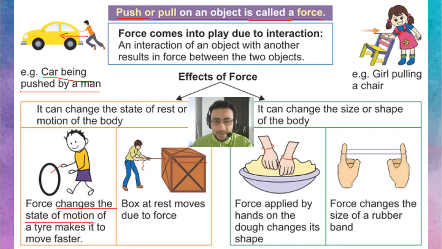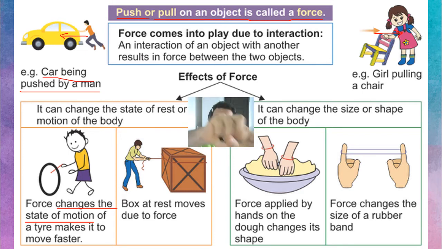Now you may be wondering, teacher, what is the difference between push and pull? Push is when you add force to an object away from yourself. Okay, this is me. If I move it away, it means I push that thing. For example, look at here.